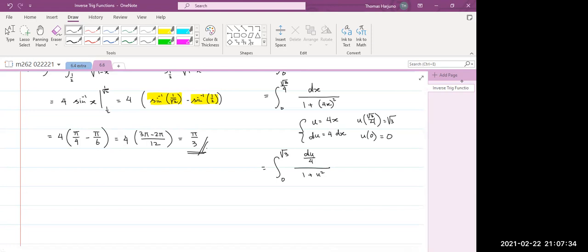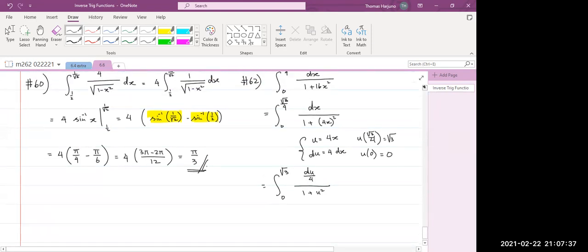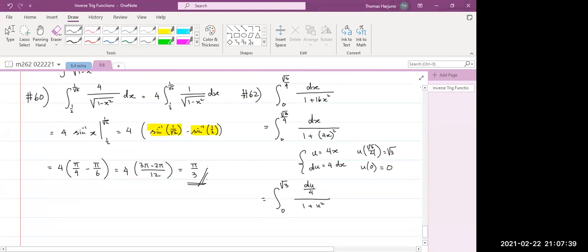Now, from what I have seen in the past, students kind of rush when they do the integrals. Instead of writing it properly, they try to finish the integration without rewriting it in a proper way. The key is actually rewriting your integration into a form that is easily recognized. So the next thing I will write is 1/4 integral from 0 to radical 3 of du over 1 plus u squared, right?